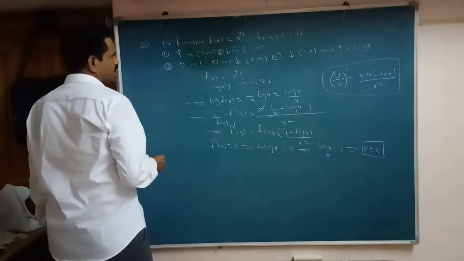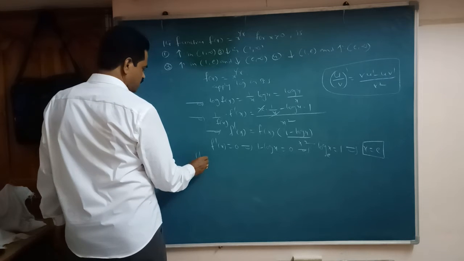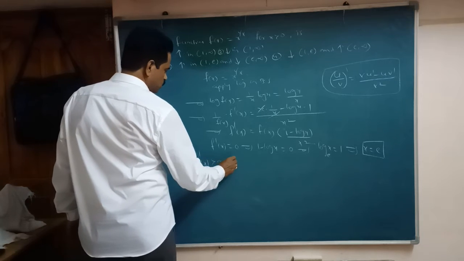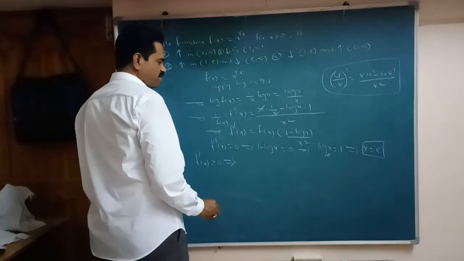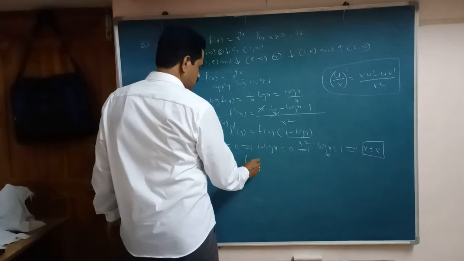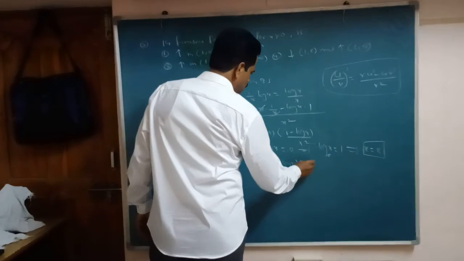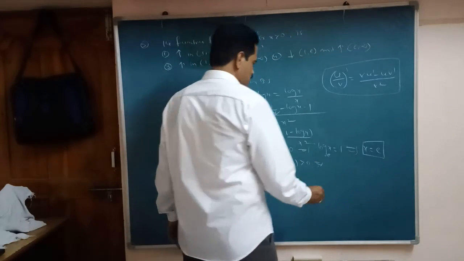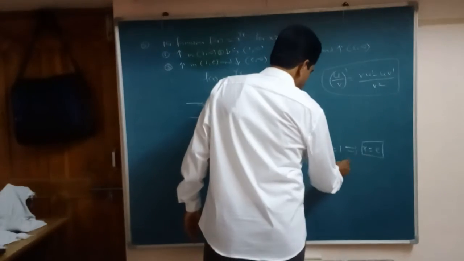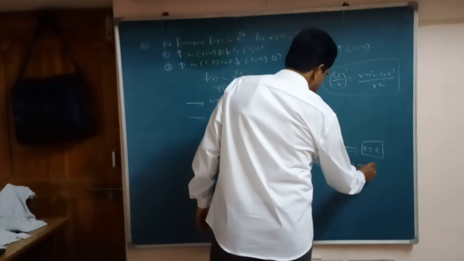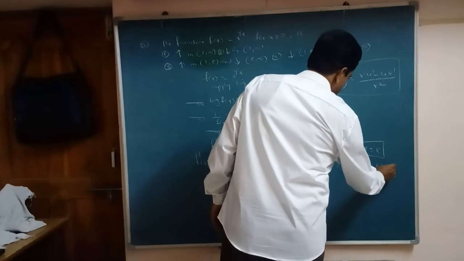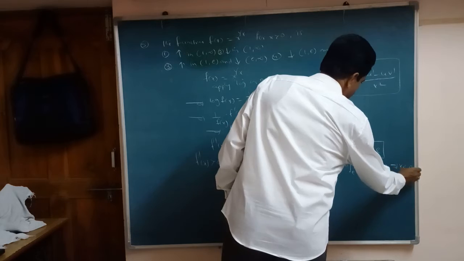First, increasing: f dash x greater than 0. So f dash x, that is 1 minus log x, is greater than 0. That is 1 greater than log x, base e, so e greater than x. That is x less than e.